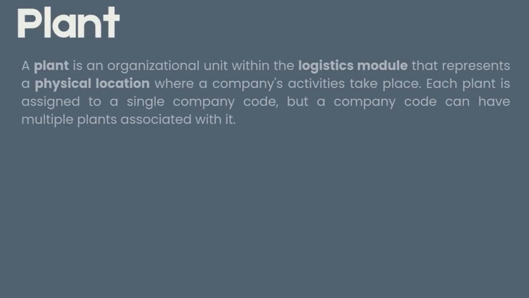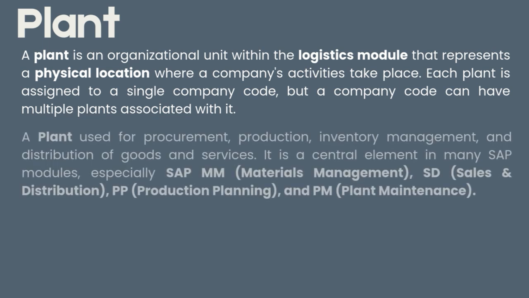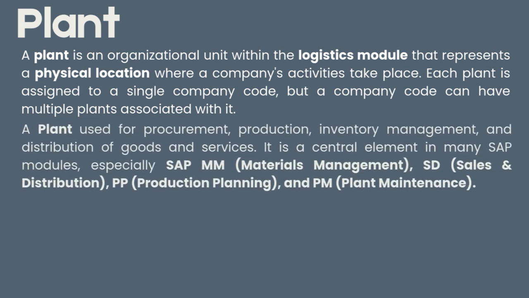Plant. A plant is an organizational unit within the logistics module that represents a physical location where a company's activities take place. Each plant is assigned to a single company code, but a company code can have multiple plants associated with it. A plant is used for procurement, production, inventory management, and distribution of goods and services.